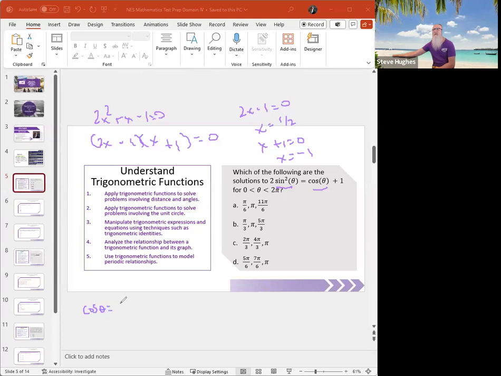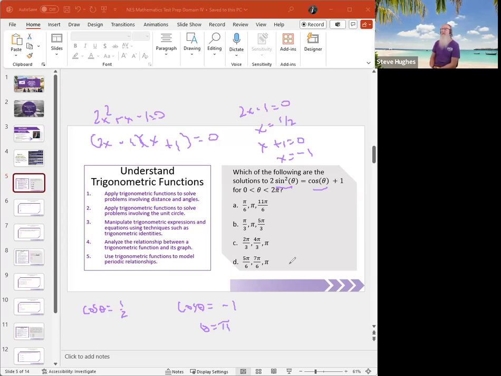Cosine theta equals 1/2 or cosine theta equals -1. Let's take the easy one first. Cosine theta equals -1. That is theta equals pi. That's the one we already saw from the beginning, and you can see that pi is in every one of those answers. So that's neither here nor there. It's there. We already know it.